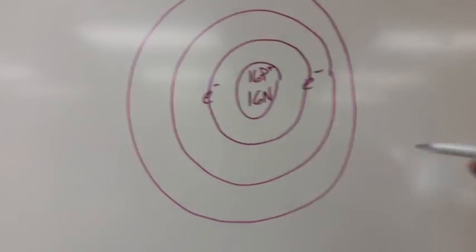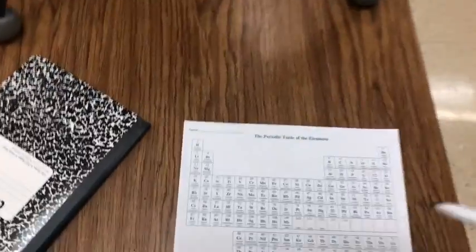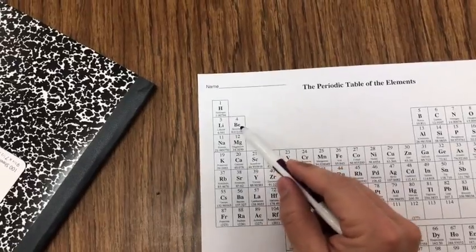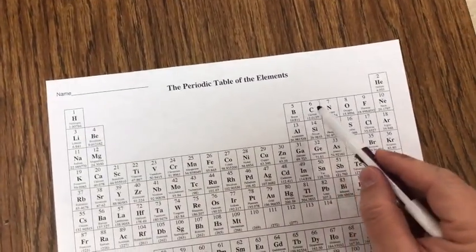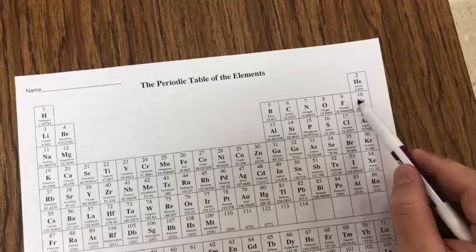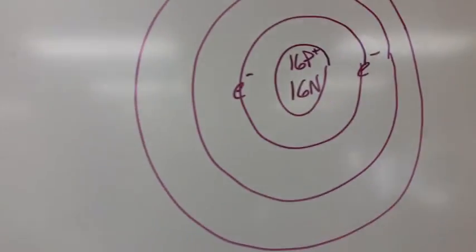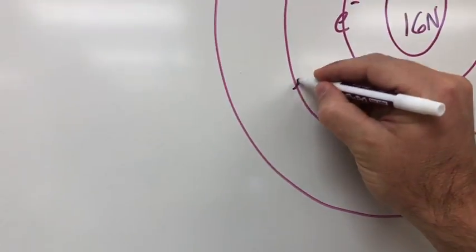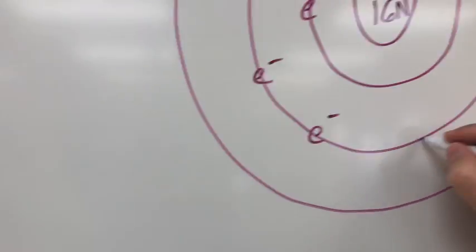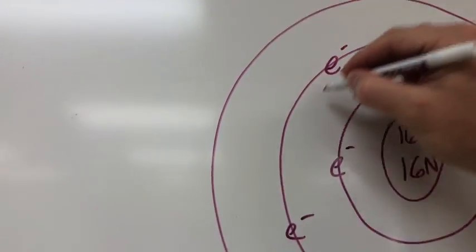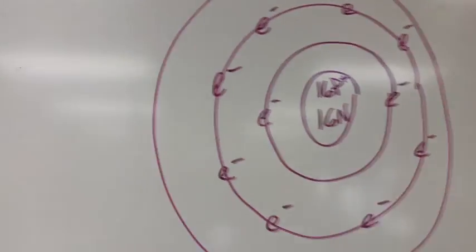Now that next electron shell holds more than 2. If we count, there are 1, 2, 3, 4, 5, 6, 7, 8 elements that go across the second row. That means it can hold 8 electrons. So I'm going to start putting them in. 1, 2, 7, 8.